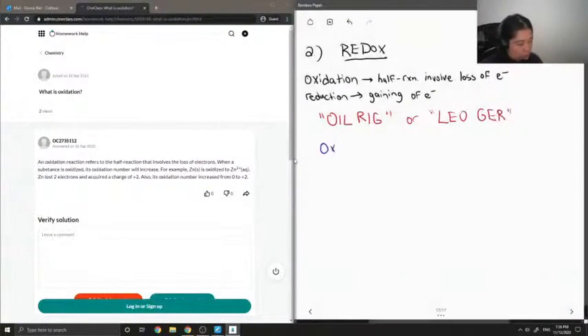So for an oxidation reaction, let's say we had lead solid, which just has an oxidation number of 0, plus 2 chlorine.